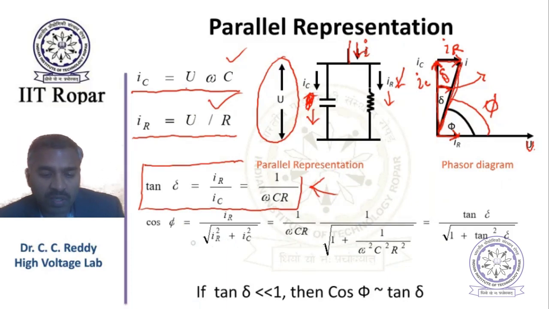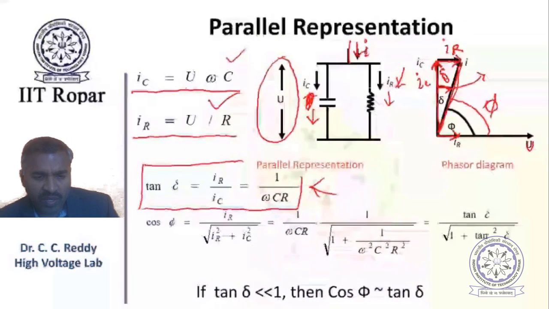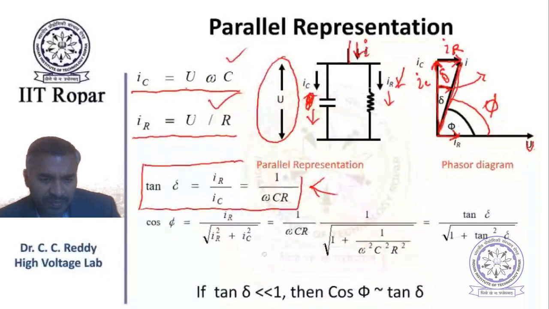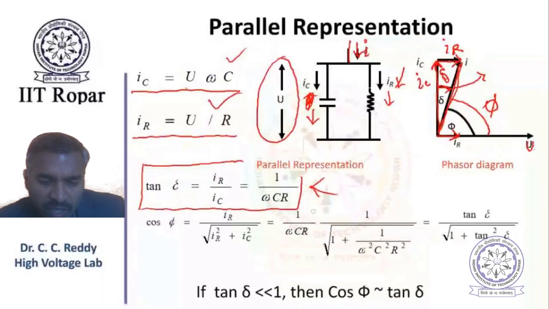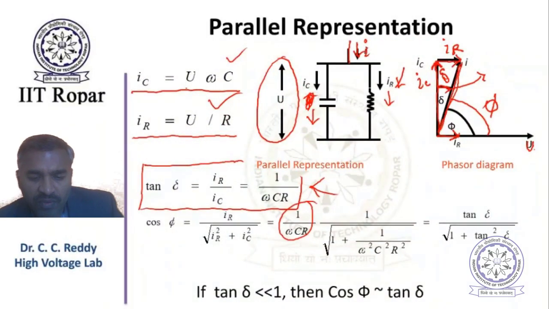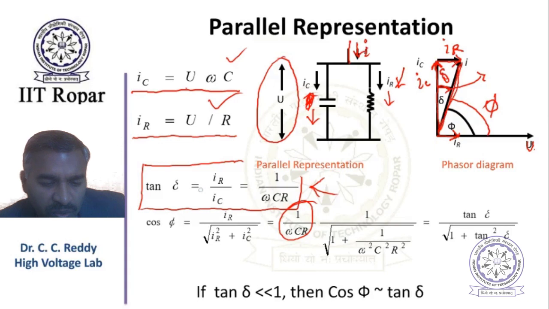Now, this equals 1 by omega CR, and you have to do some small simplification. Then it becomes 1 by omega CR divided by the root of 1 plus 1 by omega square C square R square. That simplification is done just to represent cos phi in terms of tan delta.